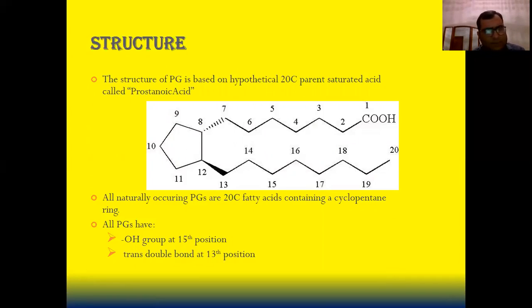Structurally, the prostaglandin is based on a hypothetical 20-carbon parent saturated acid called prostanoic acid, and all naturally occurring prostaglandins are 20-carbon fatty acids containing a cyclopentane ring. All prostaglandins have an OH group at the 15 position and a trans double bond at the 13 position.